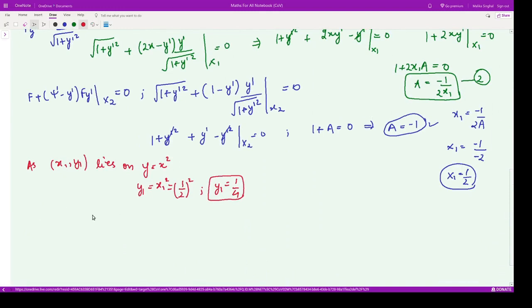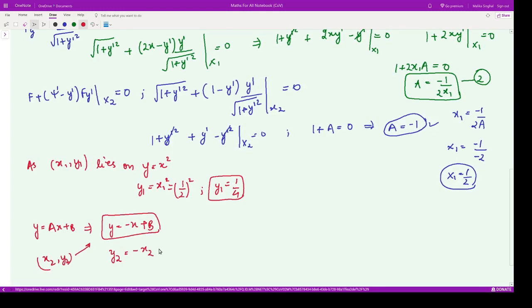The equation of the extremal was y is equal to ax plus b, where our a is minus 1. So y is equal to minus x plus b. Now this point x2 comma y2 lies on this, so we have y2 is equal to minus x2 plus b. One is this equation. Moreover, this point lies on the line y is equal to x minus 5, so we can write y2 is equal to x2 minus 5.